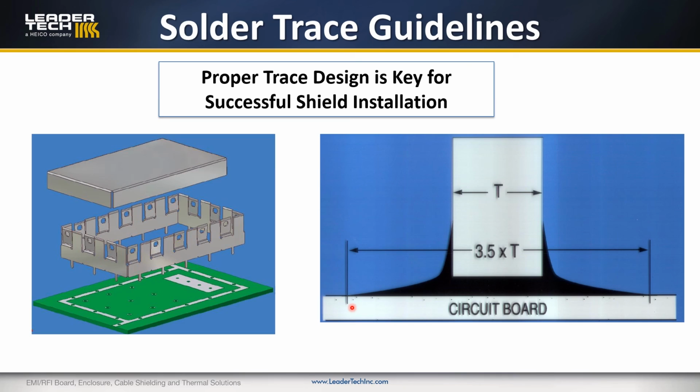So if you have a 10 thousandths thick metal, you need a trace width of 3.5 times that, so 35 thousandths. And what that does is it ensures a good solder joint. The solder wicks up the side of the shield, and it gives you a good solid joint. Again, 3.5 times is the minimum. We always recommend more if you have the room on your layout.